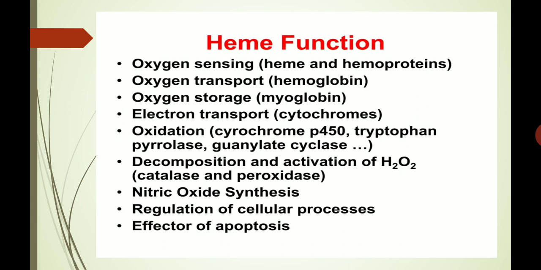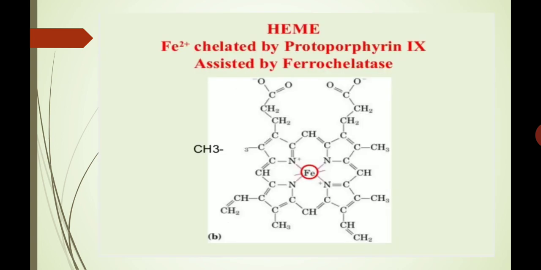Oxidation, cytochrome P450, tryptophan pyrrolase, guanylate cyclase etc. Decomposition and activation of hydrogen peroxide, catalase and peroxidase. Nitric oxide synthesis, regulation of cellular processes, and effector of apoptosis. Here I have represented the heme.